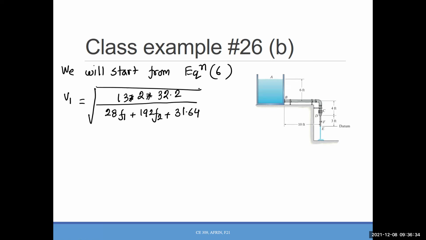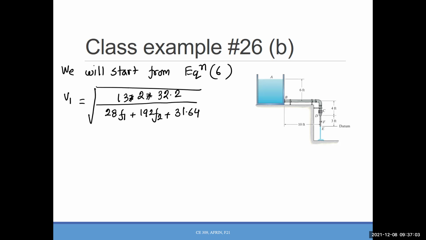And we know when we don't know the friction factor and V, we need to do guess and check, trial and error, or whatever you call that. So this time we have two friction factors. What we need to do? We need to guess for F1 and F2 both and you need to work on two tables simultaneously because in each equation you have F1 and F2.